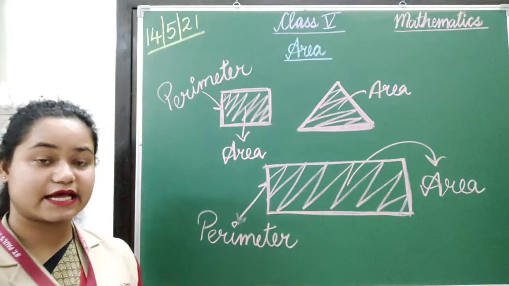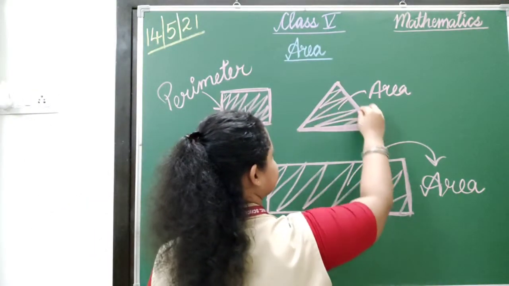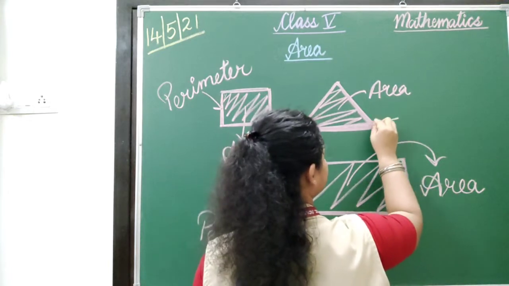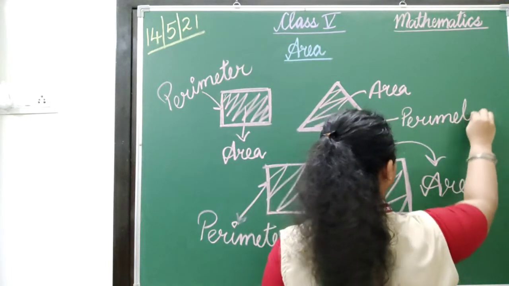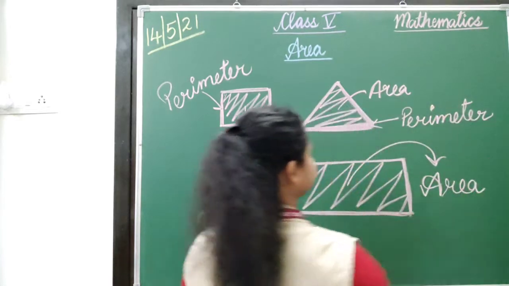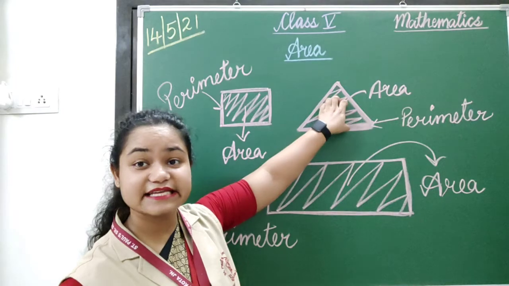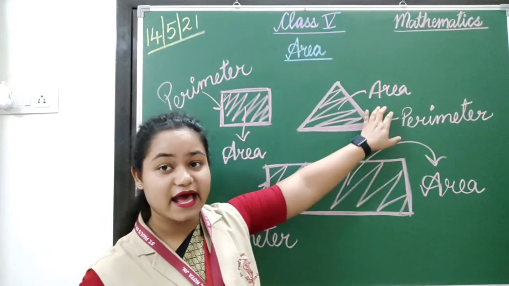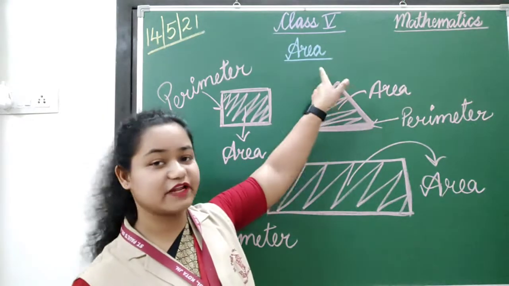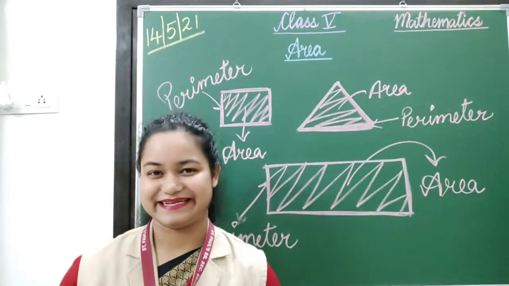Isn't it? Yes. And in this triangle also, this is your perimeter. That means the portion which is lying inside the figure will give you the area, and the boundary portion will give you the perimeter. Understood? Alright.